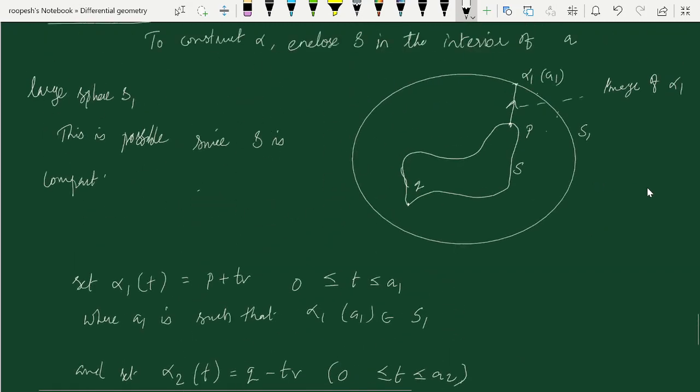So again I have a line passing through Q but in the opposite direction. So it goes in this direction and reaches this point. So this is the image of alpha 2, right? So this point is alpha 2 of a2, since it belongs to S1.